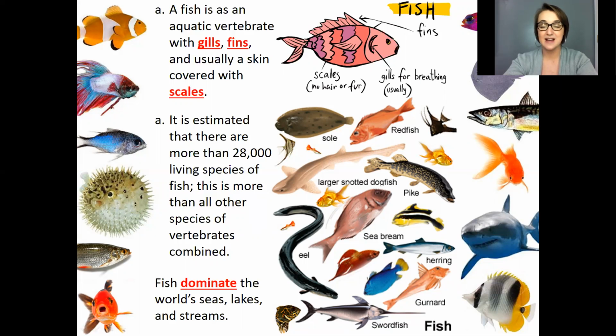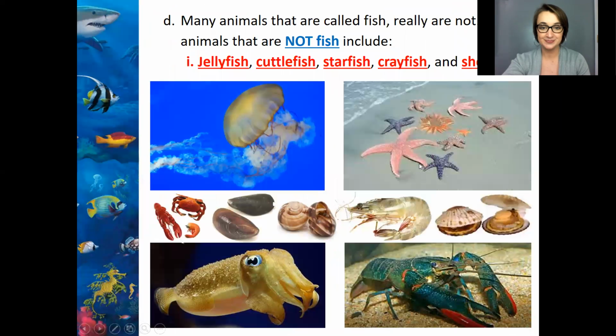So obviously fish are going to be our dominant species that we are going to find in our seas, lakes, and streams. Now, many animals that are called fish are not actually considered a fish, so you have to be careful. Examples of these: the jellyfish, it's not actually a fish, it's an invertebrate, the cnidarian that we talked about last chapter.